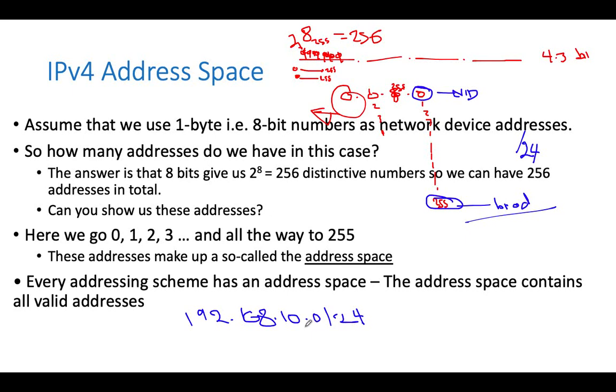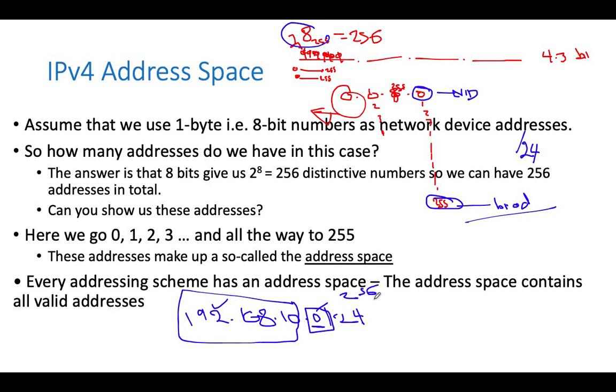This /24 tells you that this part is the network. I cannot use that for hosts. So I have only 8 bits here for hosts. How many can I allocate over here? We mentioned before, 2 power 8, which is 256 IP addresses.